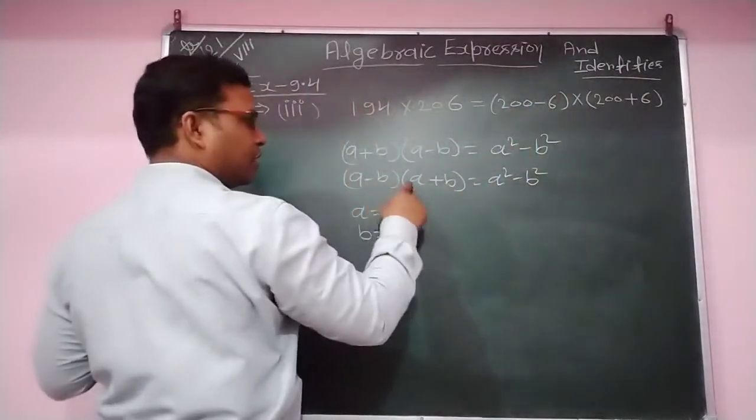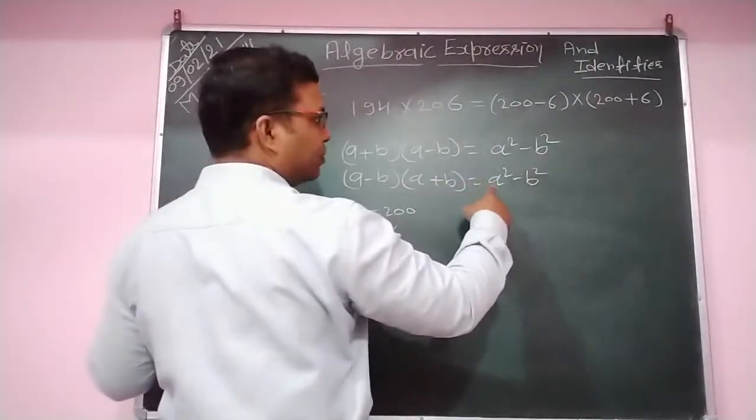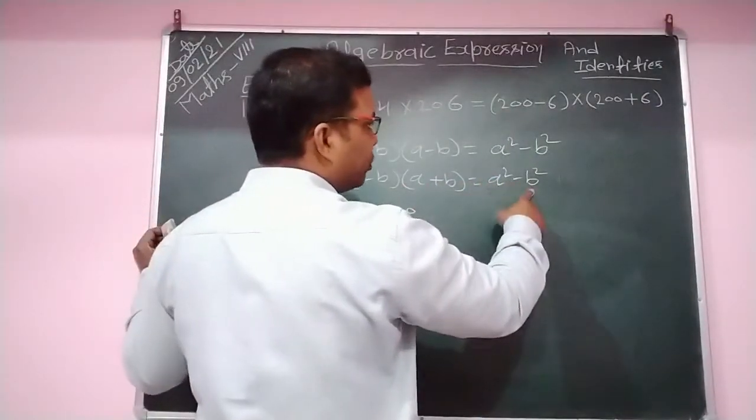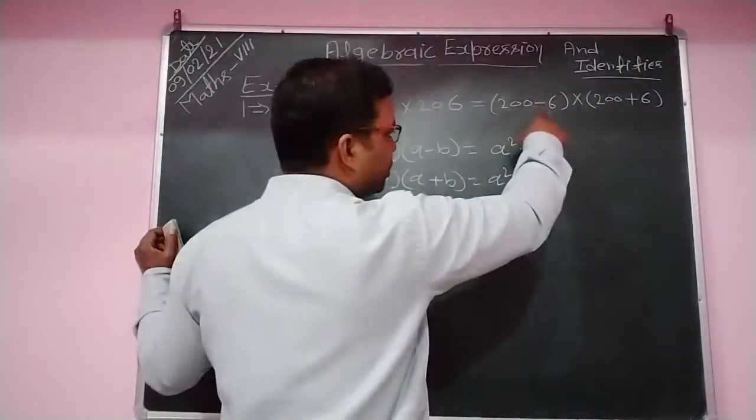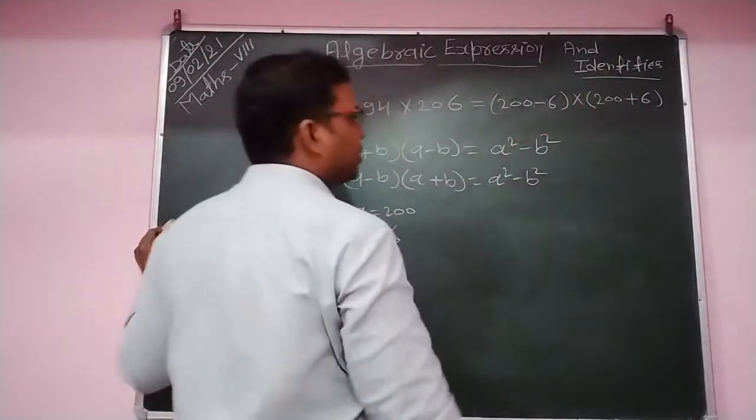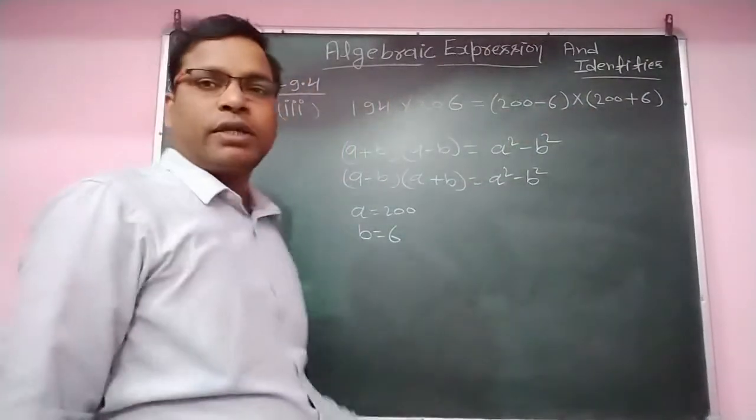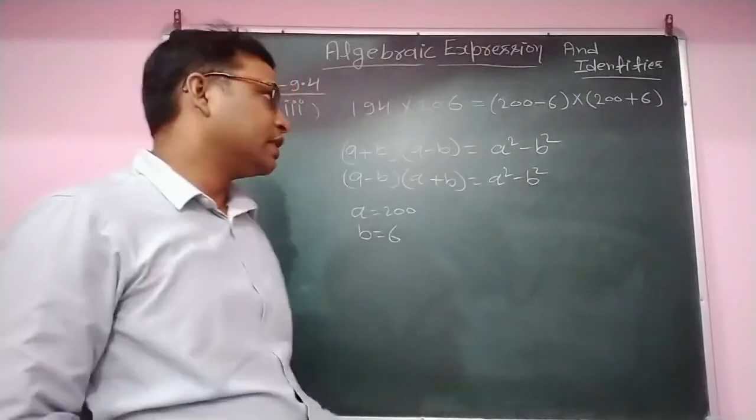So here you can see 200 minus 6, 200 plus 6, that is a minus b, a plus b. This is equal to a square minus b square. So it means that 200 minus 6 into 200 plus 6 is equal to 200 square minus 6 square. This is clear now.